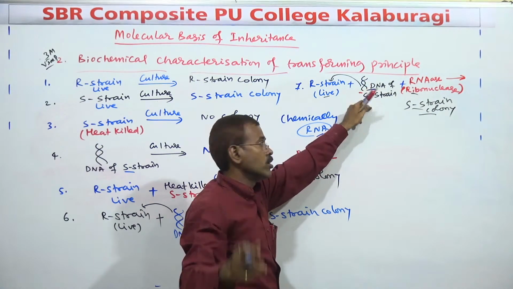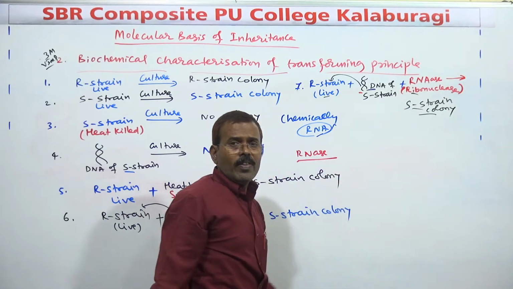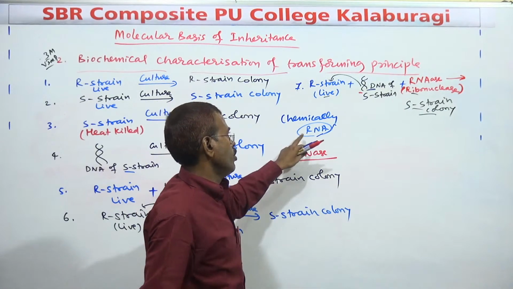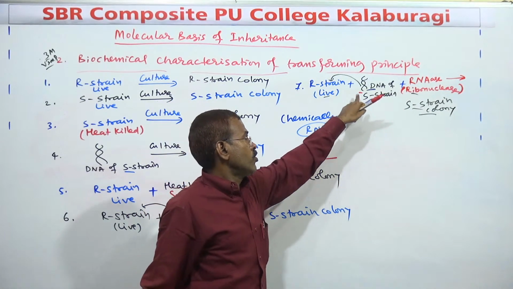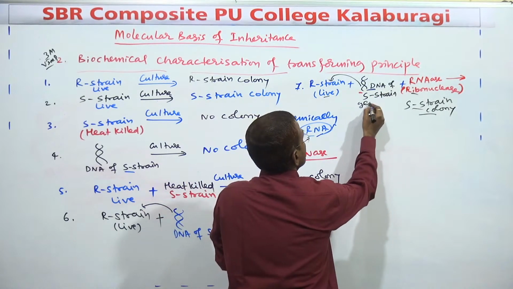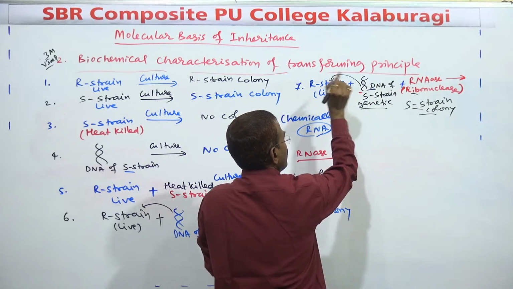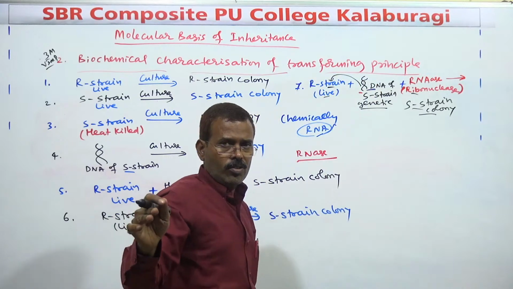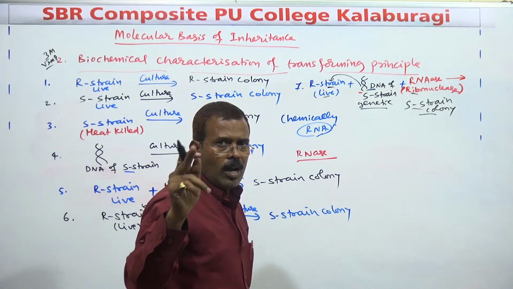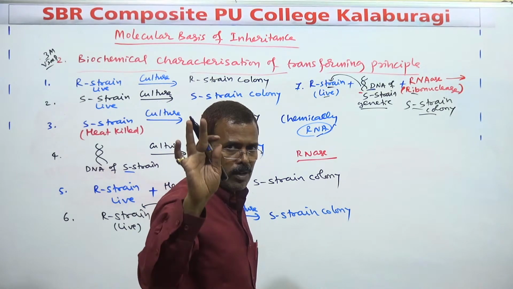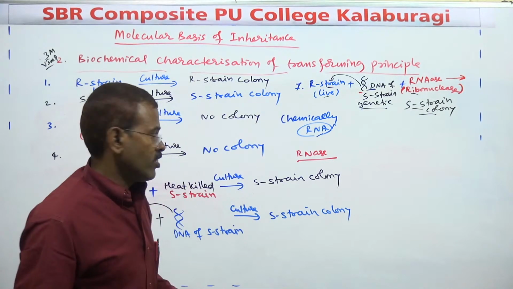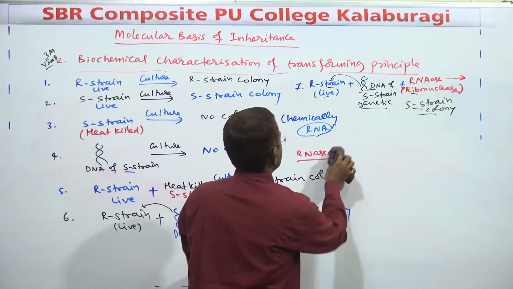But they got smooth strain colony. The inference of this step is that this genetic material, which was mixed with R strain, is not RNA. Remember this. Next step, what they carried out.